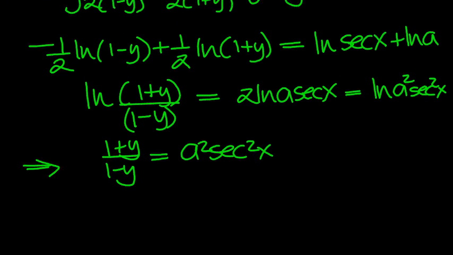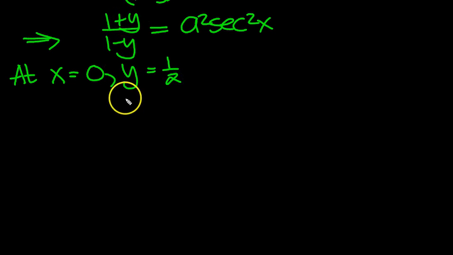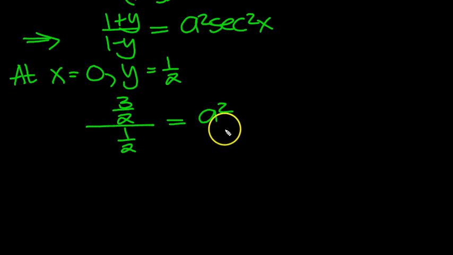And so now we'll put in our initial conditions. At x equals 0, y was equal to a half. So let's see what we get then. 1 plus a half is 3 over 2, over 1 minus a half is a half, is equal to a squared sec squared of 0. Well, sec squared is 1 over cos squared, so let's put that down.